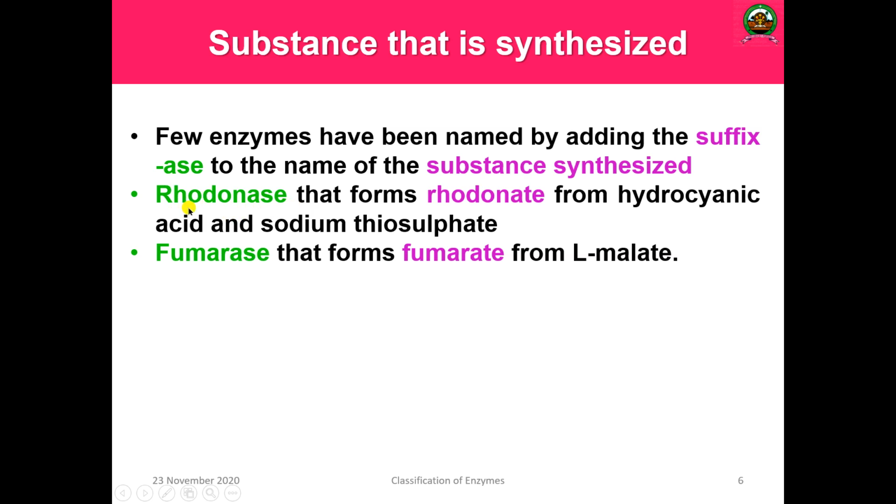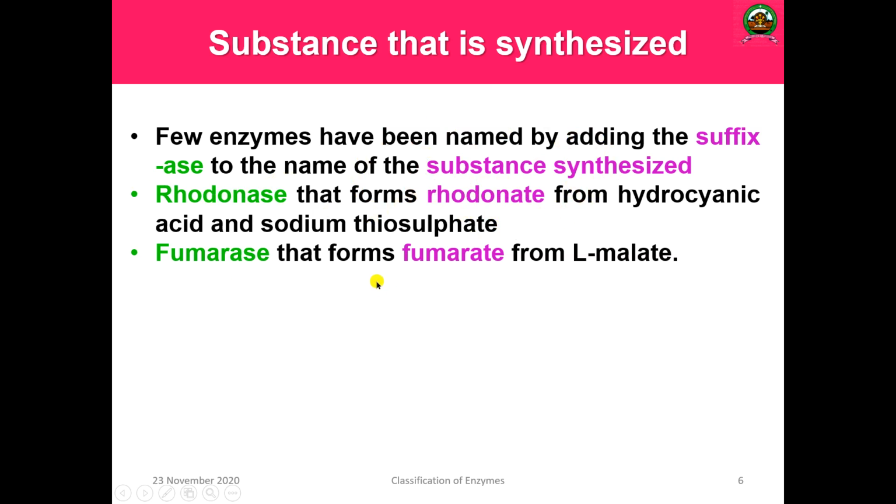For example, rhodanase. Rhodanase is an enzyme that forms rhodanate from hydrocyanic acid and sodium thiosulfate. Sodium thiosulfate combines with hydrocyanic acid, and you get a product called rhodanate. So the enzyme utilized in this step is rhodanase, because rhodanate is the main important component.